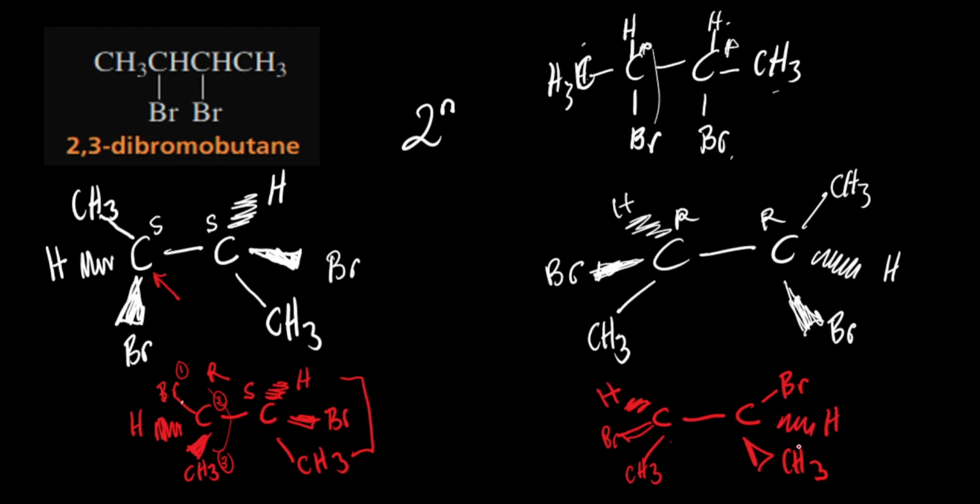Now let's determine the configuration. To shorten the video, the configuration would be an R and an S. Notice that these two compounds are actually the same, because they both have the RS configuration, so they are the same molecule.